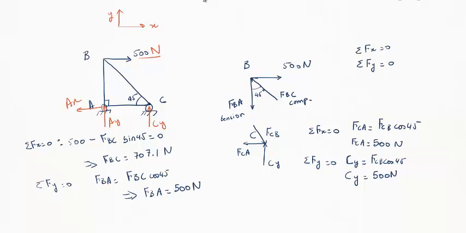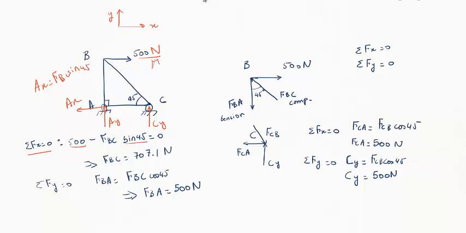So if we do the sum of the forces in the X, we have the 500 newtons, this one, and minus FBC sine 45. This way we get, now notice, AX equals FBC sine 45.